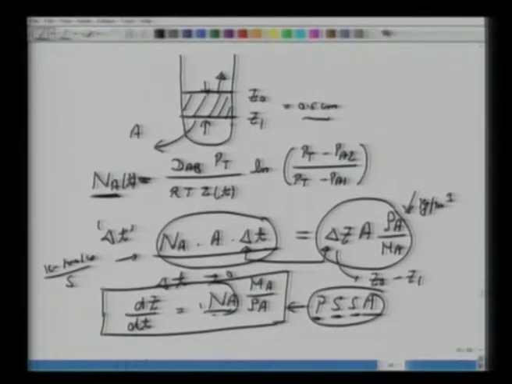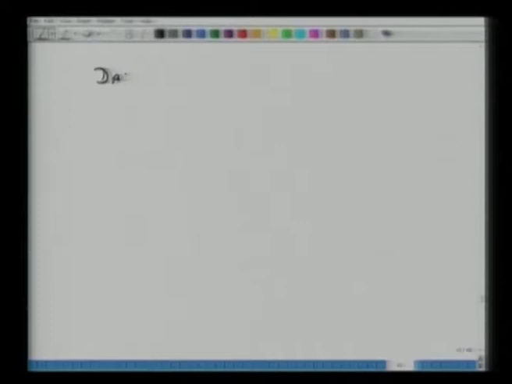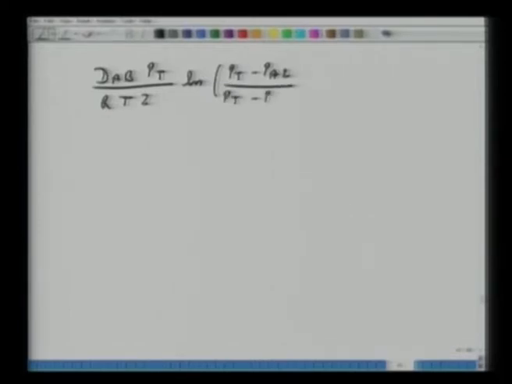Now, all we have are two equations which are almost decoupled. We take this expression for NA and substitute here and we integrate. So if we now take that expression and integrate, we get DAB PT over RT Z ln of PT minus PA2 over PT minus PA1 into MA over rho A equals dZ by dt.